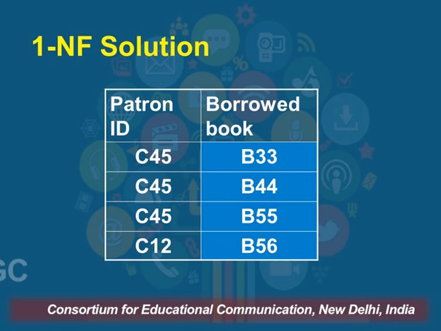Although we are repeating C45 thrice, each row has only one book, the identity of one borrowed book written in the column. No column has multiple values; both columns have single values. So we can say this ensures that the first normal form is complied with as far as this database or this instance is concerned.